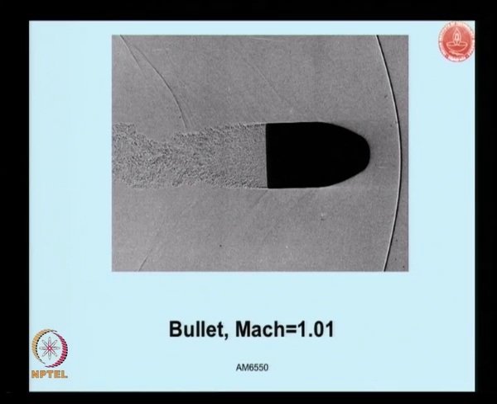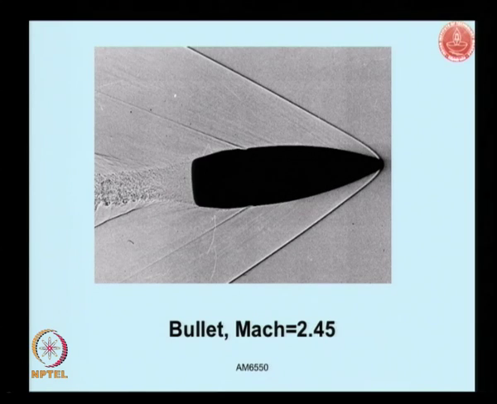Okay. Now you can see here clearly that you have a sharp nosed bullet which is travelling at a faster Mach, which is 2.35, and you can see the change in shape of the shock wave, and also it has moved closer, it is attached, so it is an attached oblique shock.